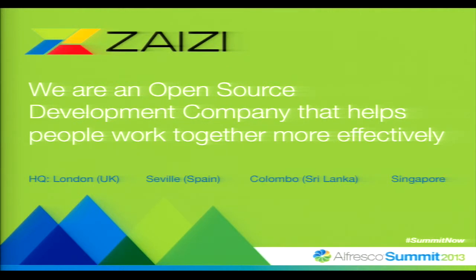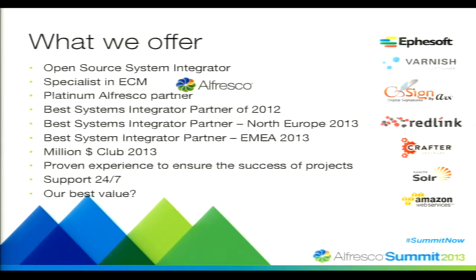In order to achieve this, basically we are an open source system integrator, specialist in ECMs and Alfresco. We also work with other technologies like FSO, Varnish, Cosine. We are also focused on semantic technologies, as I said before. Another technology like Solr, Amazon, and so on.